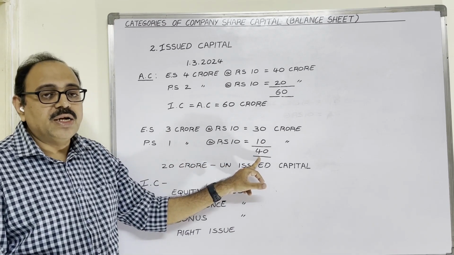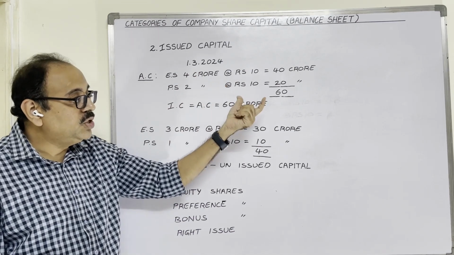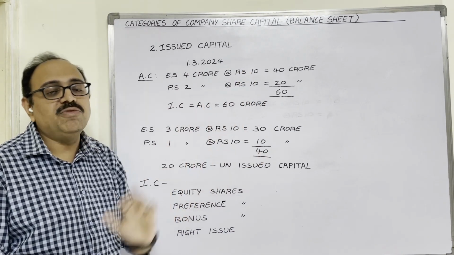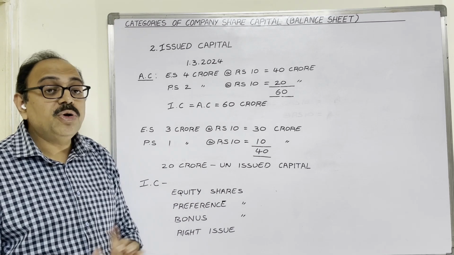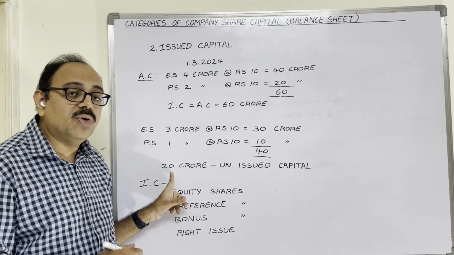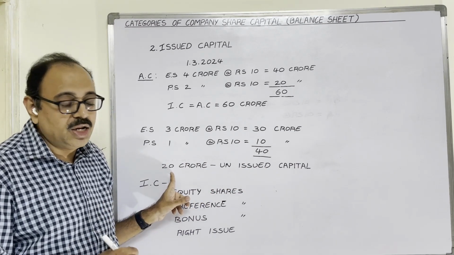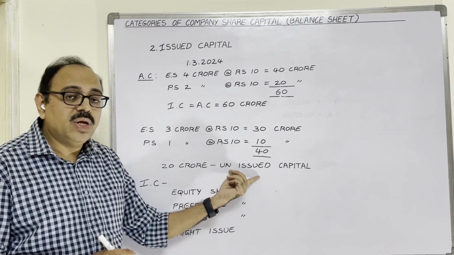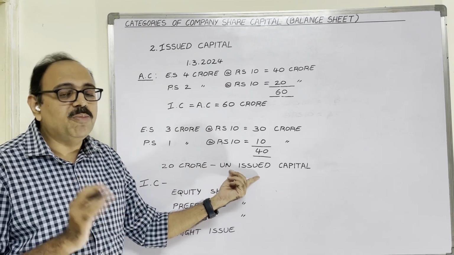In the company's balance sheet, we should show authorized capital of 60 crore separately and issued capital of 40 crore separately. And what about the remaining amount? 60 crore minus 40 crore, 20 crore. This 20 crore capital is called unissued capital, and we need not show this unissued capital in the company's balance sheet.